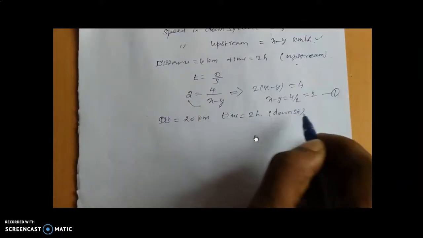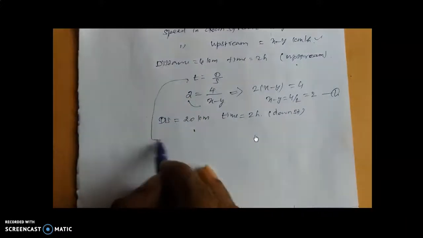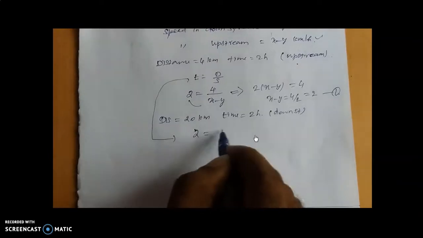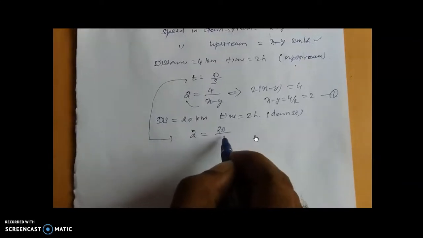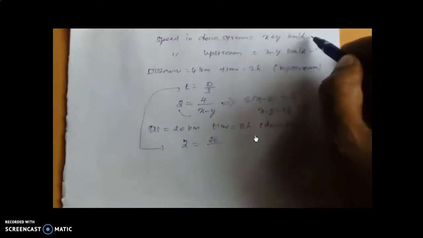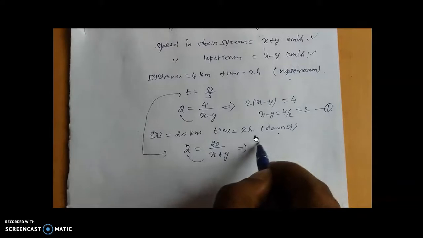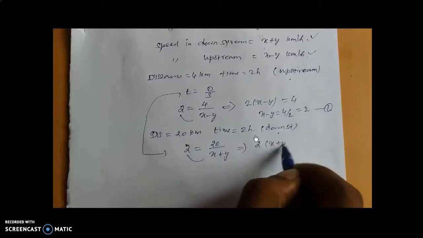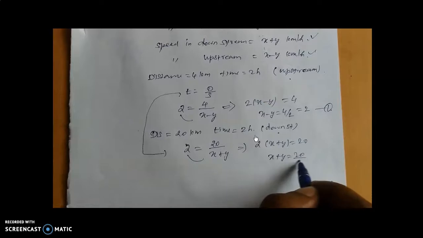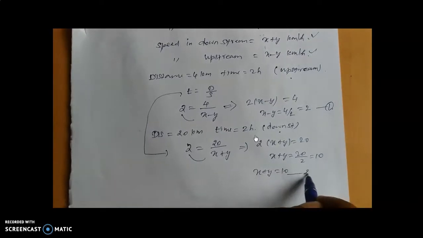Here also we can use the same time-distance formula. Substituting, time is 2 hours, distance is 20 km, and the speed in downstream is x plus y. Make a cross multiplication: 2 into x plus y equal to 20. Therefore x plus y equal to 20 by 2 equal to 10. That is equation number 2.